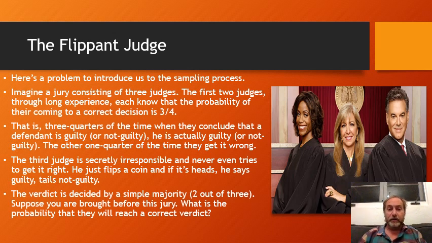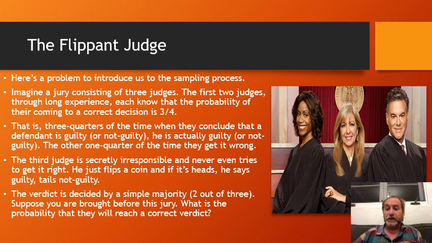What that means is 3/4 of the time when they conclude that a defendant is guilty or not guilty, they get it right. The other quarter of the time, they end up getting it wrong. They say he's guilty when it turns out he's not, or vice versa.